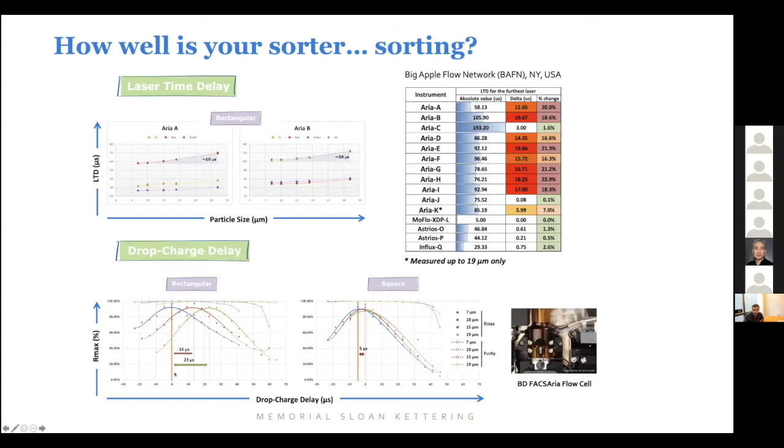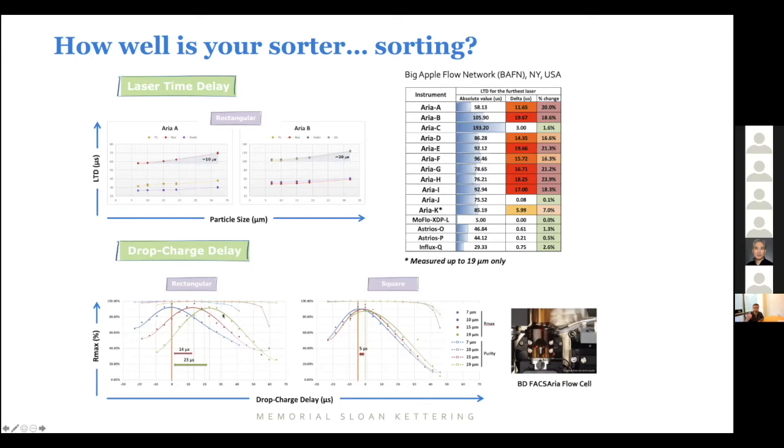And in fact, we can see here we have 7 micron beads, these are 15 micron beads, and these are 19 micron beads. And we also did 30 micron beads. But essentially what you can see is that for some FACS Arias, the actual drop charge delay was more than 1 drop away, which was quite significant.